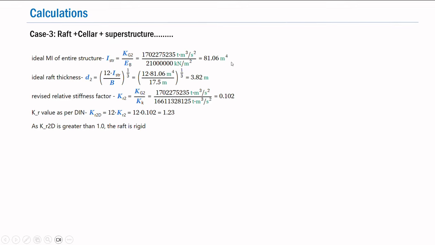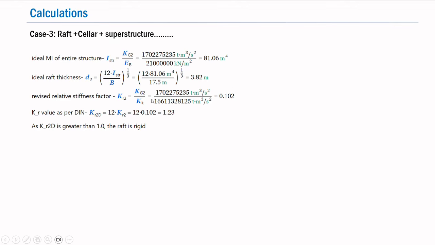Now let us calculate what would be the equivalent thickness of the mat that provides this entire I value of 81.06, and we found that this equivalent thickness is equal to 3.82 meters. So we conclude that if we consider the cellar plus superstructure, the original mat would now be equivalent to a mat of 3.82 meters instead of 1 meter.